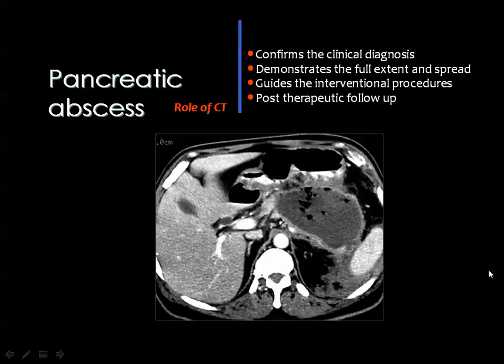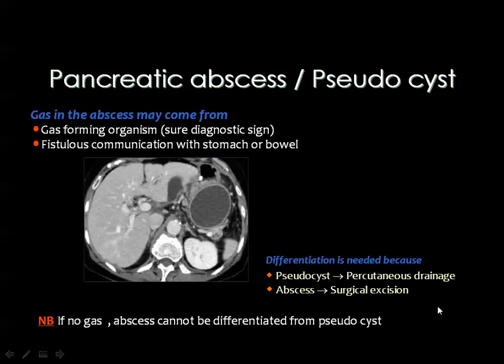And the role of CT in cases of pancreatic abscesses is to confirm the diagnosis and to demonstrate the extent and the full size of the lesion, and sometimes to guide interventional procedures such as percutaneous catheter drainage of these collections. Then, pancreatic abscess versus pseudocyst.